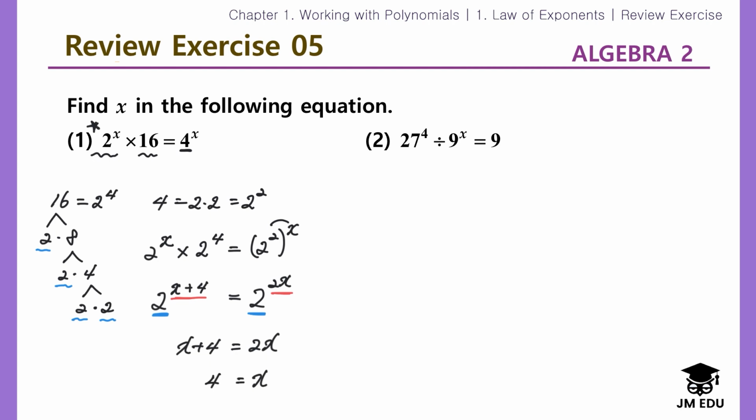Okay, number 2. We have a 27 here. 27, 9, right? So let's write the factor tree for 27. 27 is 3 times 9, and 9 is 3 times 3, right? So 27 is 3 times 3 times 3, 3 cubed.